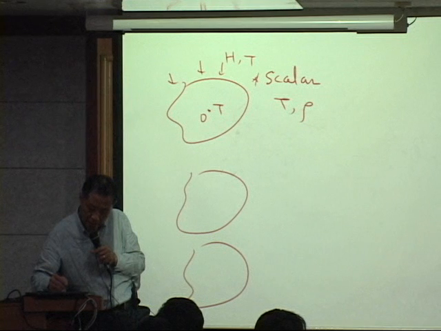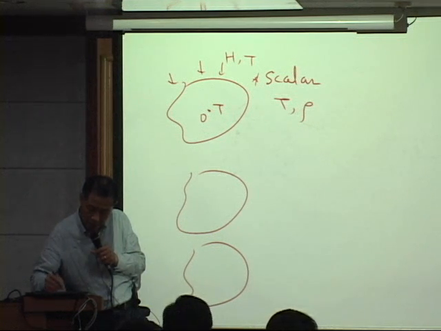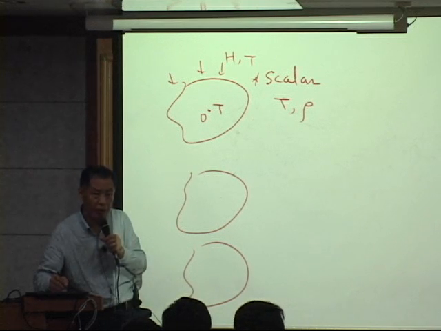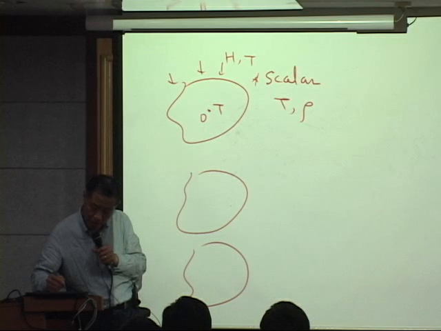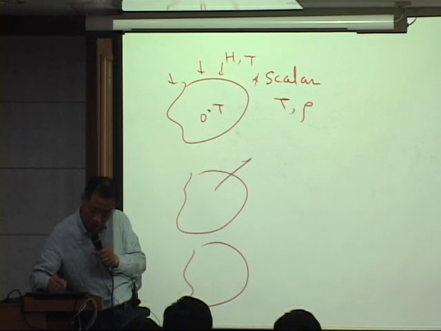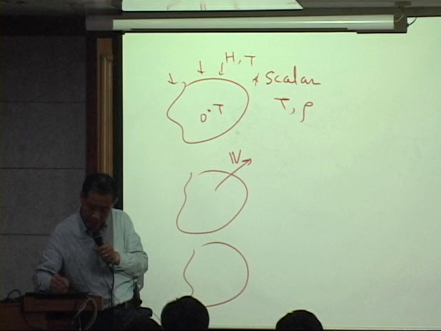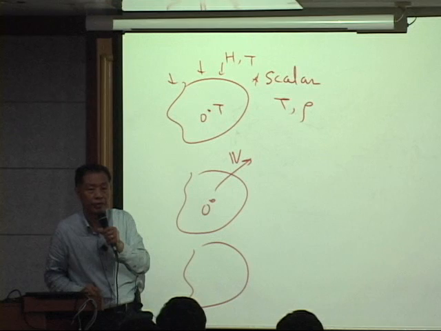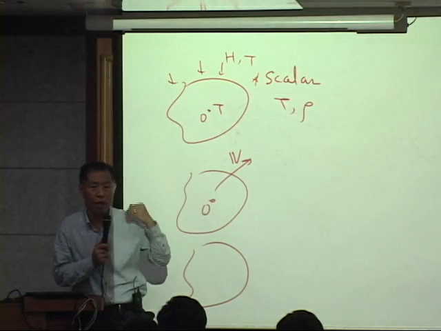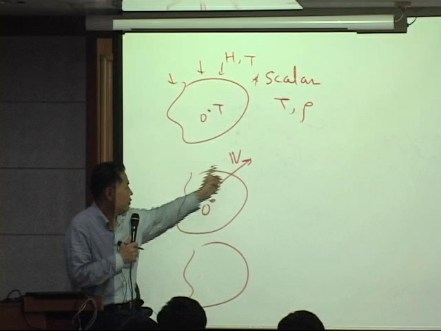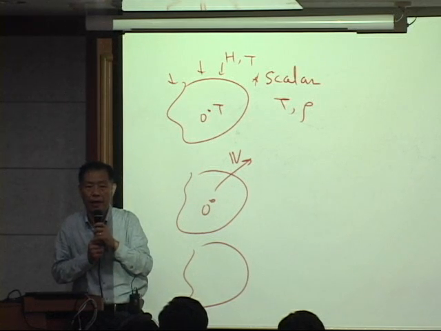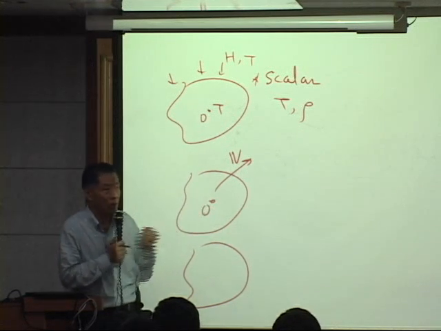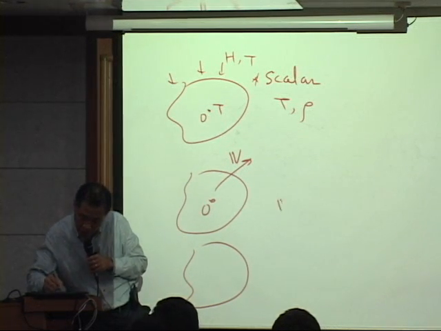But now let's say this whole body is moving with a certain velocity, and same for this point O. Point O will have velocity v together with the whole body. If I ask what is the velocity at this point O, the answer will be v.